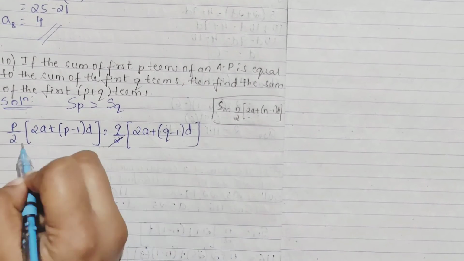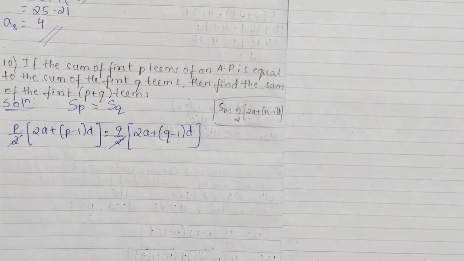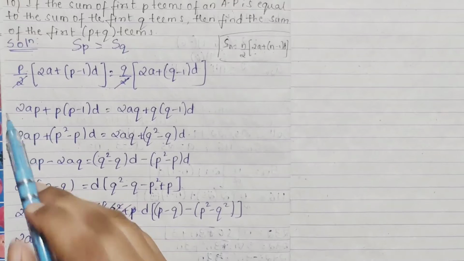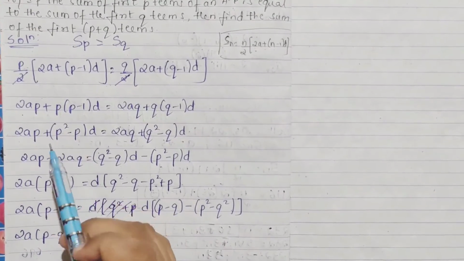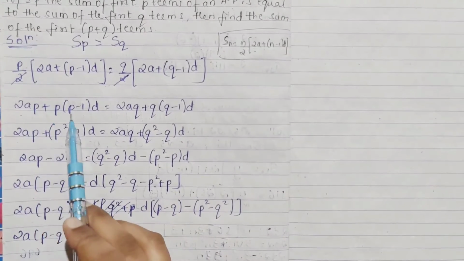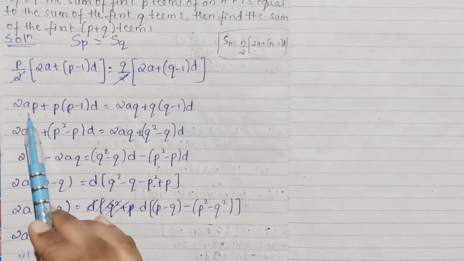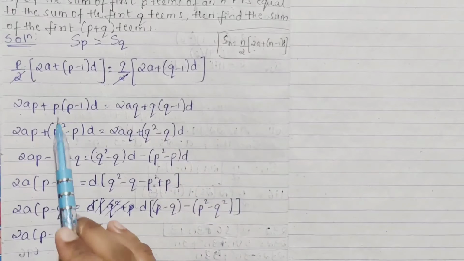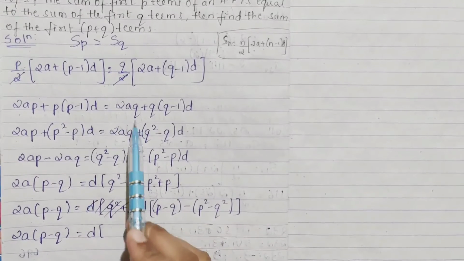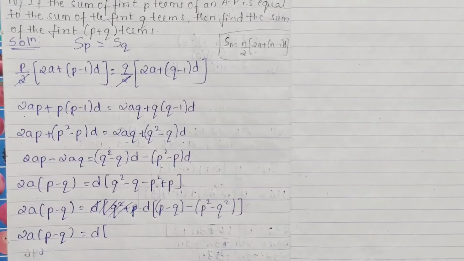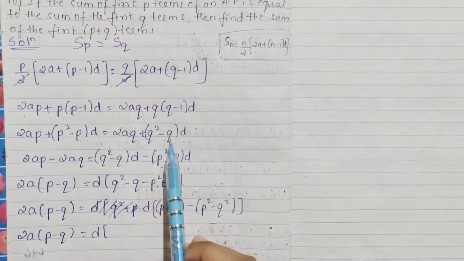So this 2 gets cancelled off, multiply. Multiplying, 2ap plus p into p minus 1 d is equal to 2aq plus q into q minus 1 d. 2ap plus p square minus pd, 2aq plus q square minus qd.